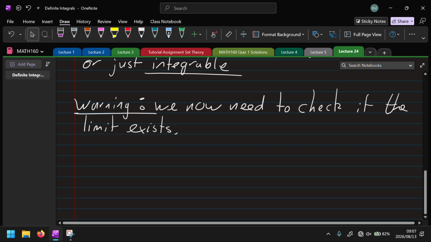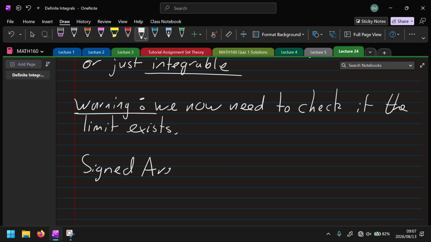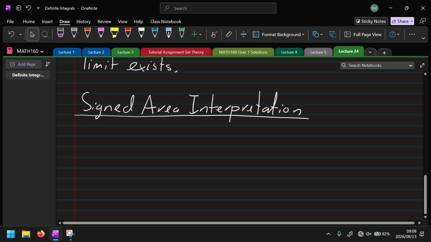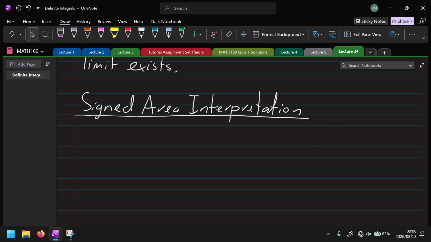Now, something very important is the signed area interpretation. Okay, so all of the functions that we looked at previously were positive functions. So when we calculated the area, it was a little base, which is positive.